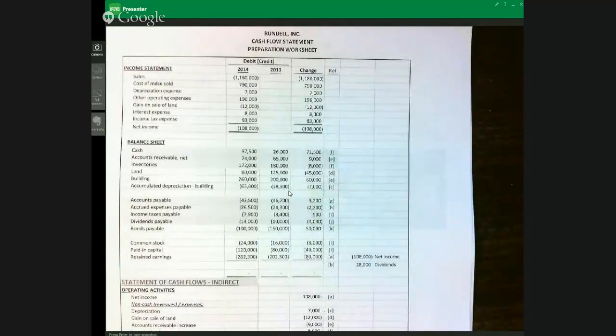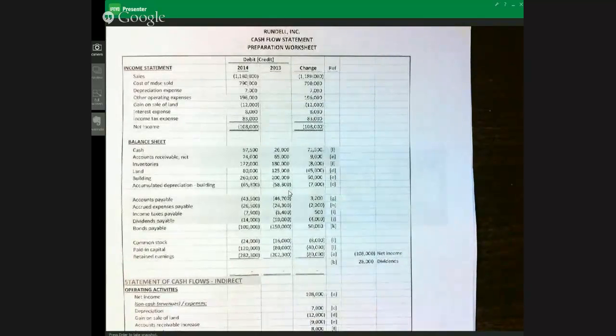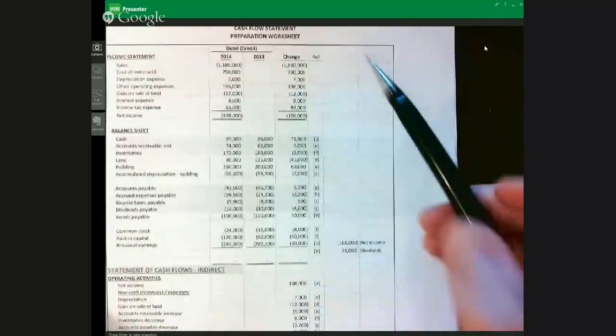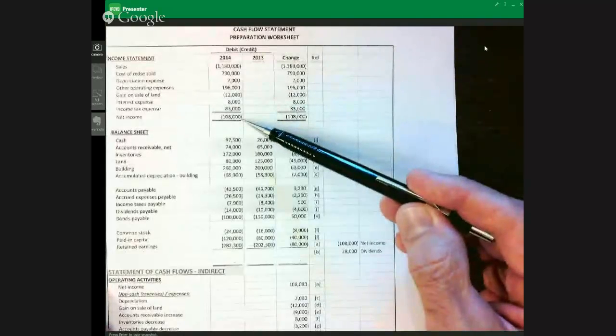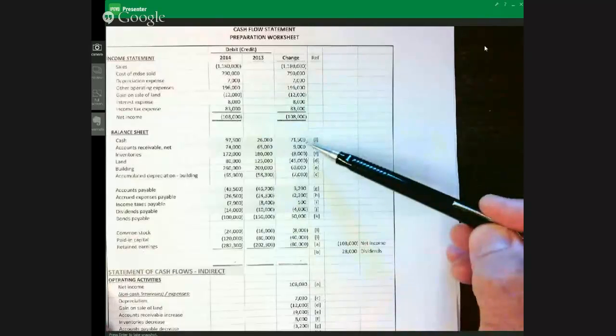What the introductory comments on page 730 of your textbook try to do is to show you why that is the case. Remember, what we are trying to do is to explain to the owner why income is one figure, in this case $108,000, and why cash went up by a different amount, $71,500.